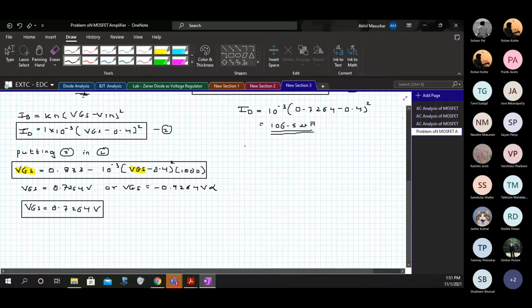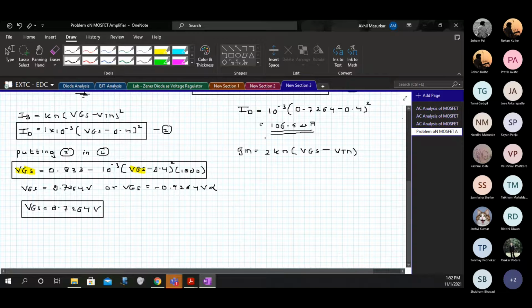Now, since we have got ID, we can also calculate GM. GM is 2Kn into (VGS minus VTN).